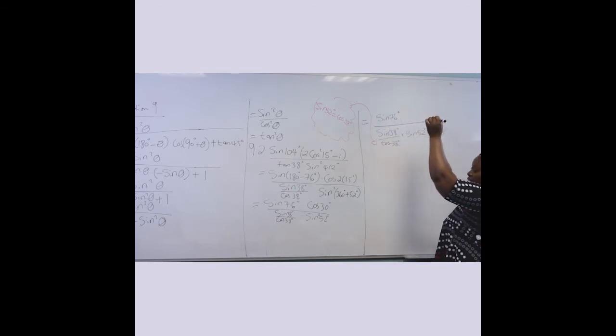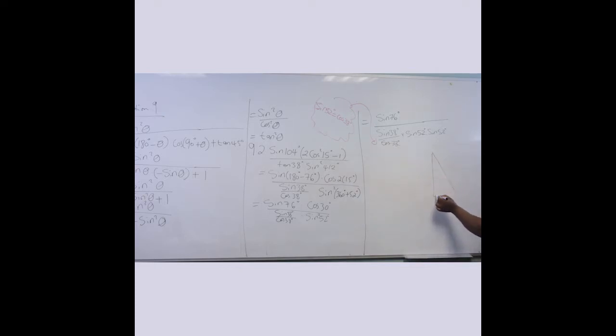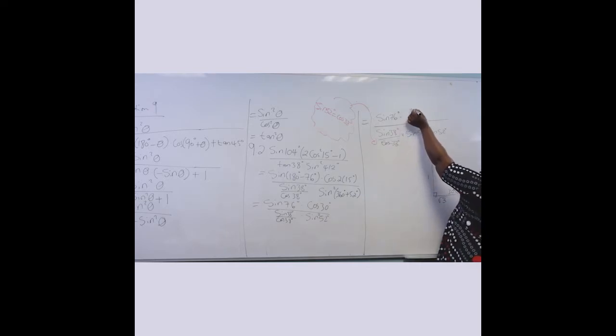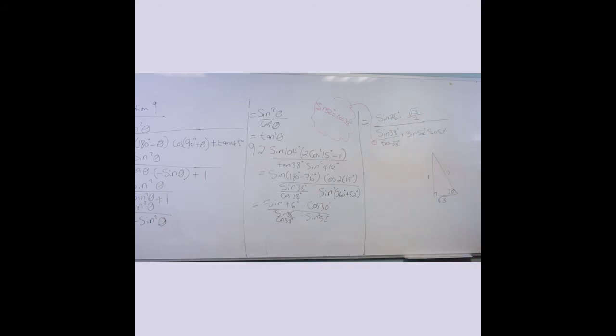Sine 76 and the cos of 30: if we go to the special angle, let's try to draw that special angle triangle. If this is 30, that is 1, that is 2, that is root 3. So cos 30 will be adjacent over hypotenuse. So it is the same as the square root of 3 divided by 2. That's what we are having at that point.